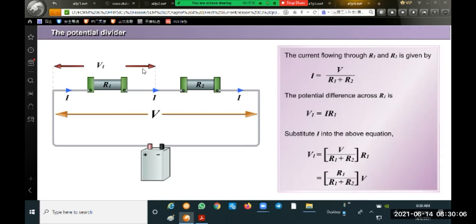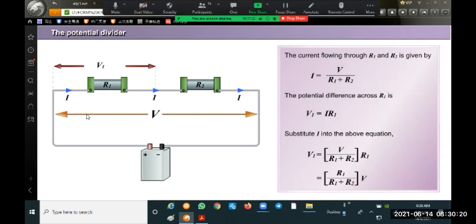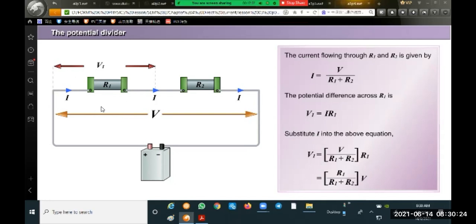As we know, the potential difference is directly proportional to the resistance. Voltage V1 is directly proportional to R1.